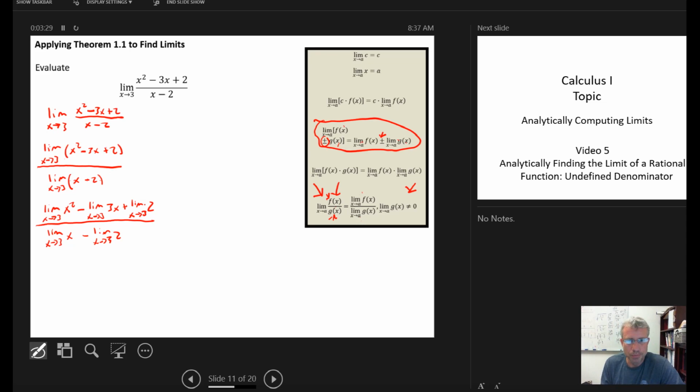Then I want to look at this first term in the numerator and recognize that x squared is x times x. So I have the product of two functions, which means I can use this tool, which says if I have the limit of a product, I can take the product of the individual limits.